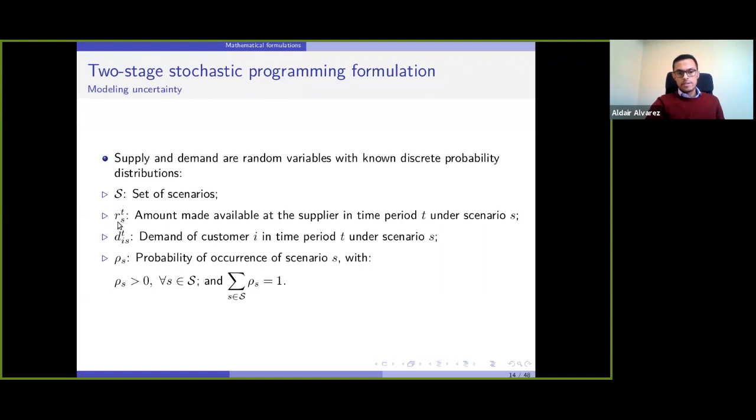For each scenario S in that set, we define this parameter r_t, which is the amount made available at the supplier at each time period under the given scenario, and the demand of each customer in every time period. So this is the supply and this is the demand of the customers. And we have the probability of occurrence of each scenario, which has to be positive for each scenario and satisfy this property.